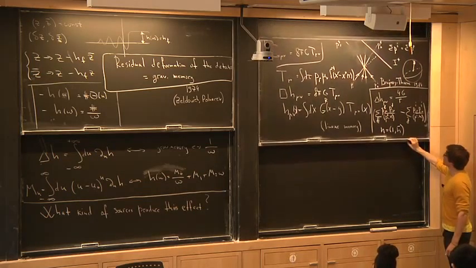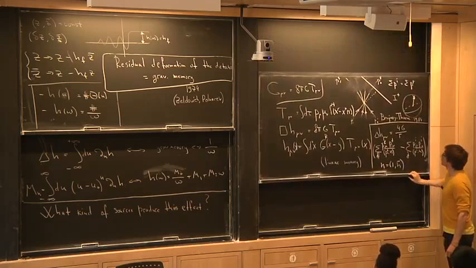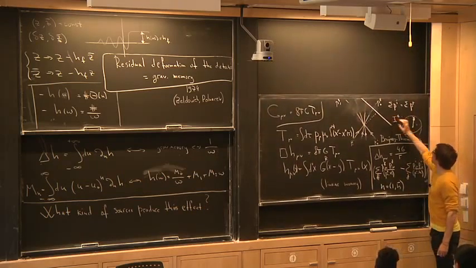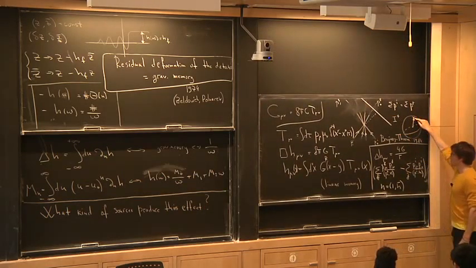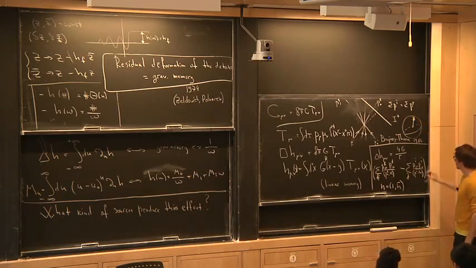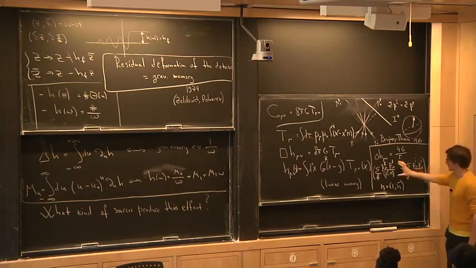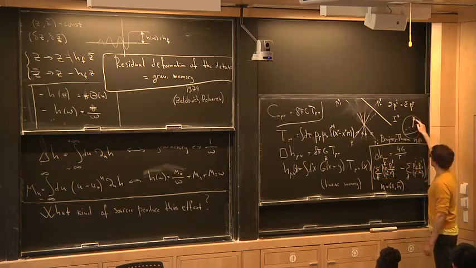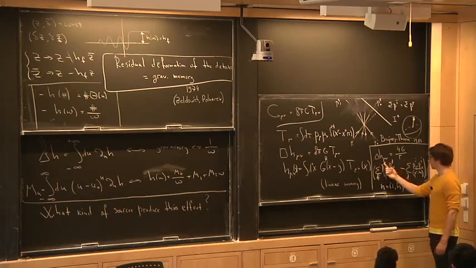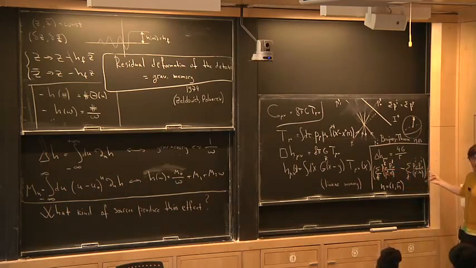And notice that the character of this formula has two striking features, I would say. First, if you put your detector somewhere on the sphere, the memory here is a truly infrared effect, in the sense that to compute the memory at a given point on the sphere, you have to know the position of all the sources.